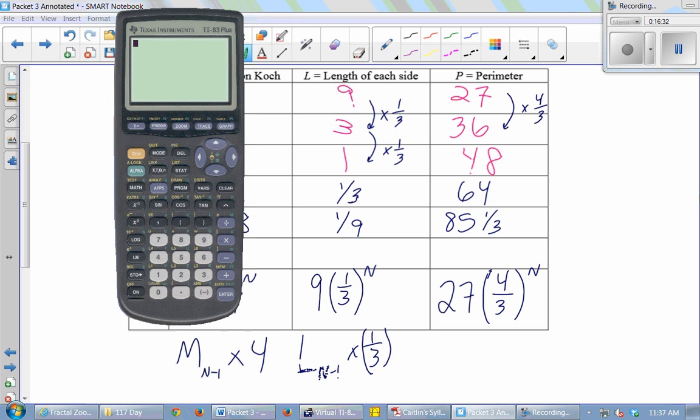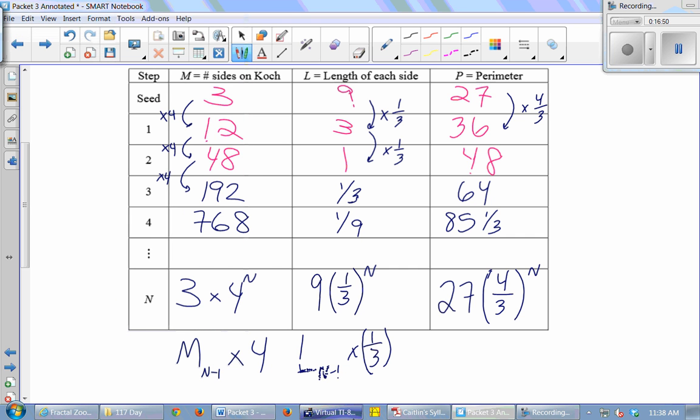So 27 times 4/3 is 36, times 4/3 is 48, times 4/3 is 64. So that looks like a good pattern, which means that my recursive formula is going to be p sub n equals p sub n minus 1 times 4/3.